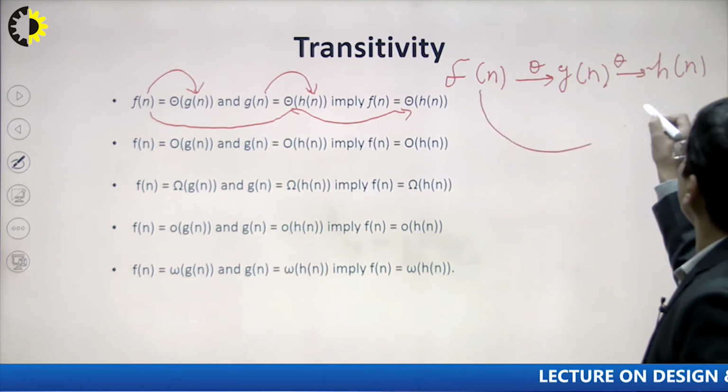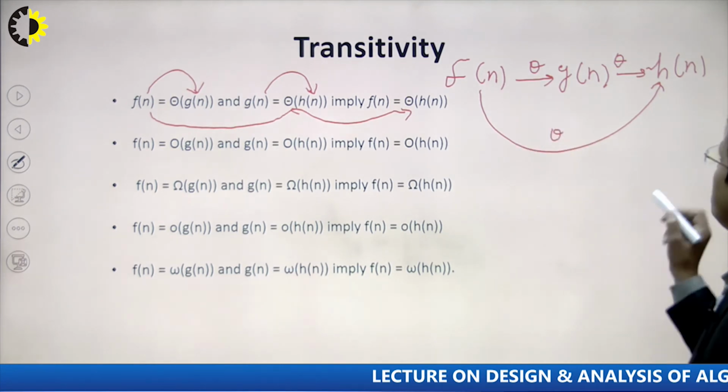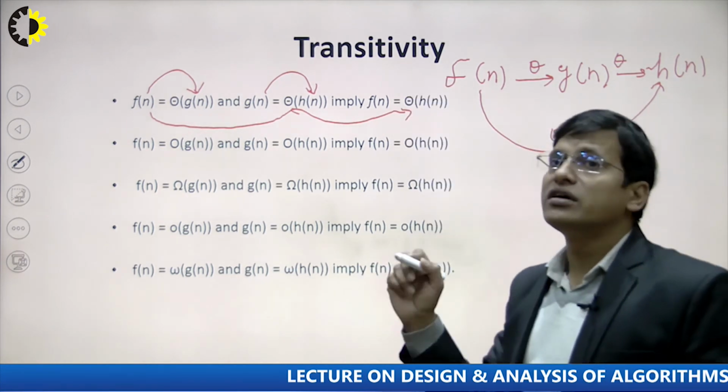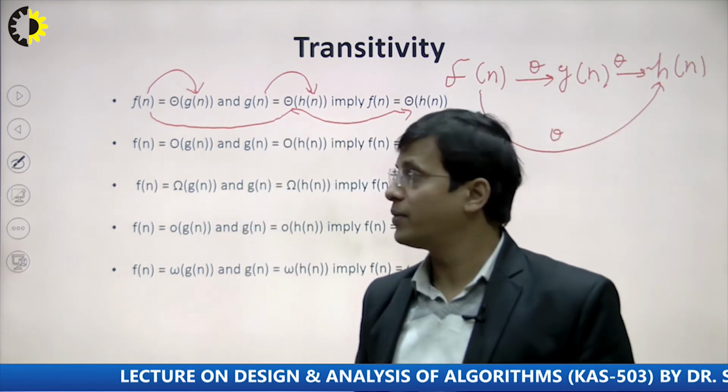So g of n and h of n are functions related by theta. In that case, if this property follows, f of n will be equal to theta of h of n. That is the transitive property, and this property will follow for all the notations we have.